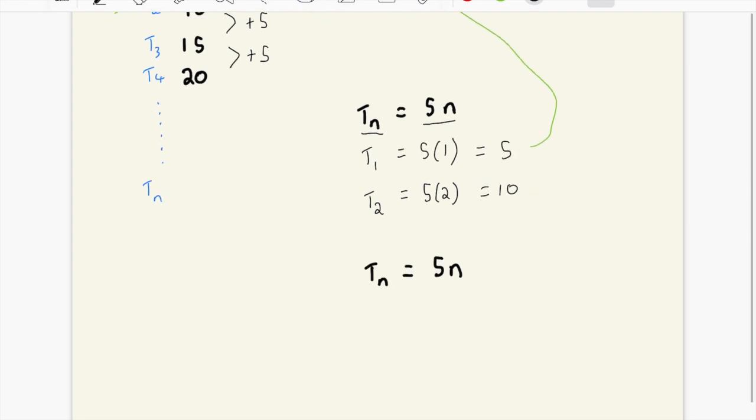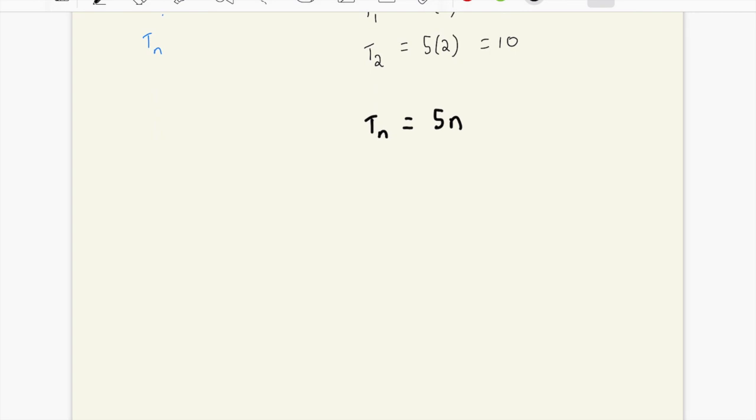So let's look at another sequence where that doesn't work out as nicely. So if we have 4, 7, 10, and 13. So again, finding the first difference, we add 3, and add 3. So the first difference is constant, so we know it's a linear sequence.